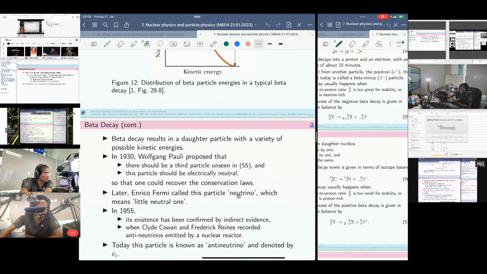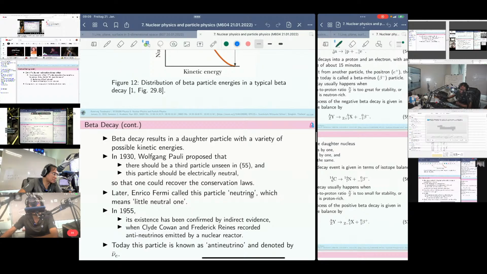He called this missing particle suggested by Wolfgang Pauli the neutrino. Okay, it's an Italian word. Neutrino comes from the Latin root, which is neutral, right? It has no charge. And neutrino, in the sense of Italian, means a little neutral one. A particle that is neutral and little, so it's very, very small compared to the electron. Okay, that's the first idea.